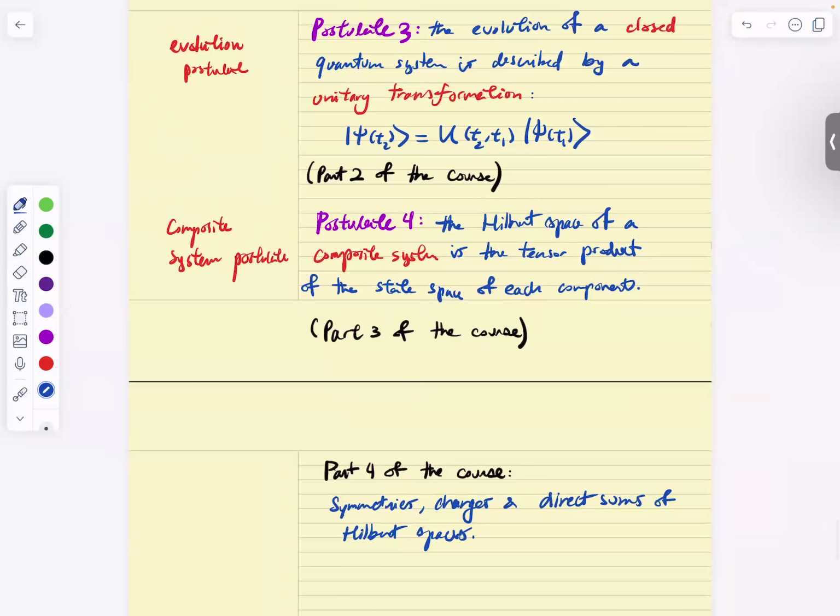Are there any questions? Yes. You don't need Schrödinger equation for quantum mechanics. What is the Schrödinger equation? Does anyone know what the Schrödinger equation is? What's the left-hand side of Schrödinger equation?